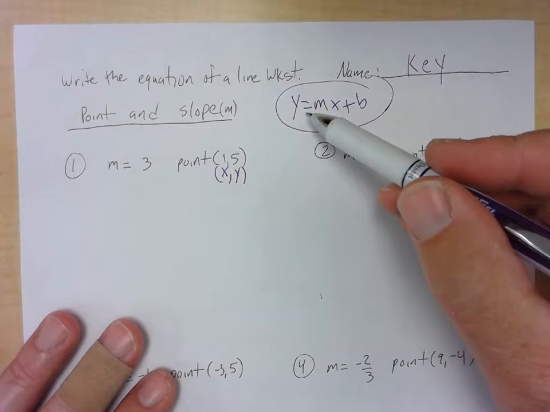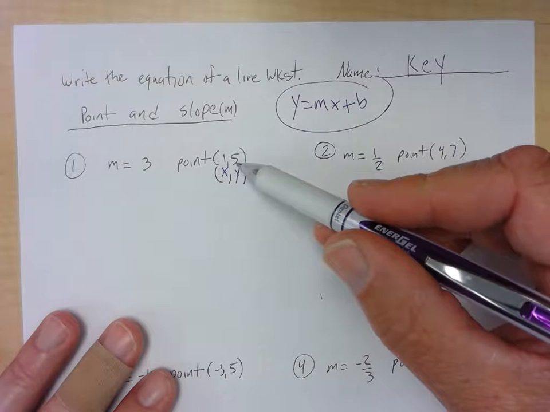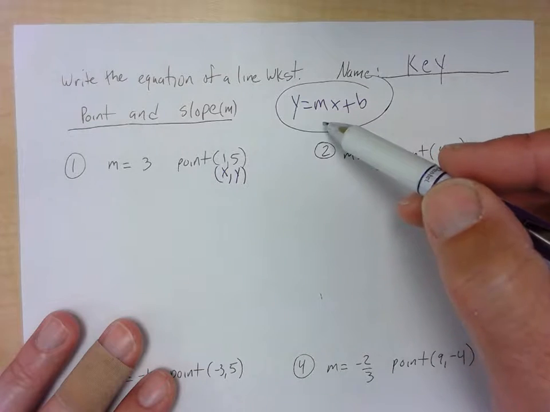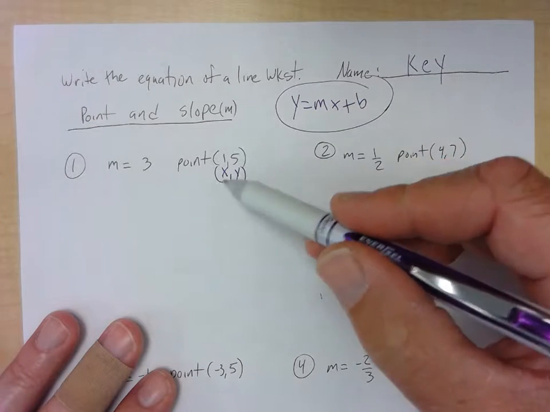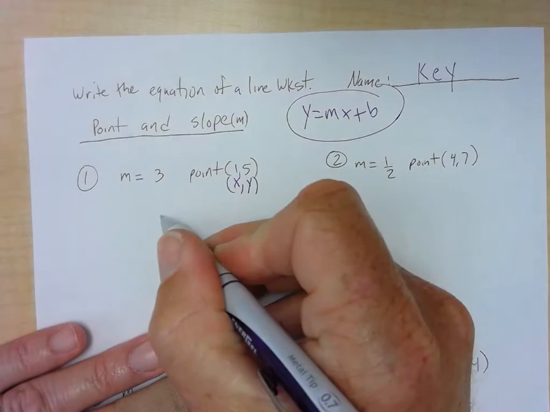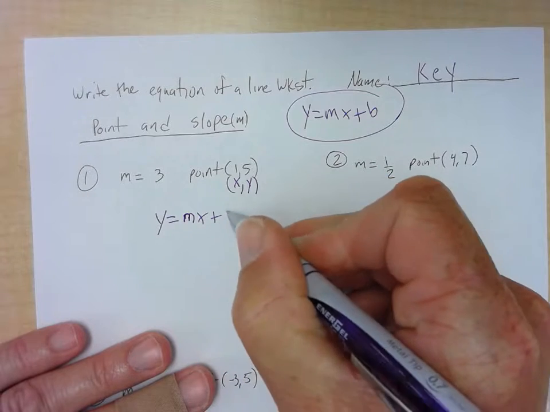So you can go through here and ask, do I know a y value? Yeah, 5. Do I know an m? Do I know a slope? Yeah, 3. So we substitute it in. Do I know x? X is 1. Then I can find b. So I write y equals mx plus b.